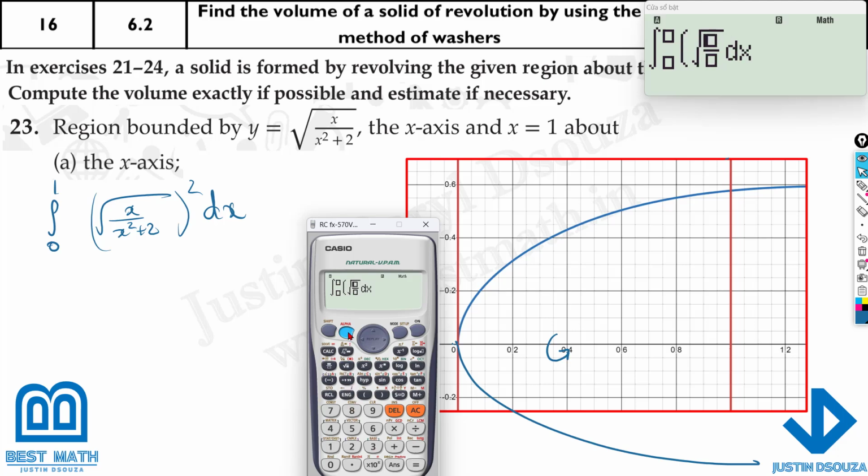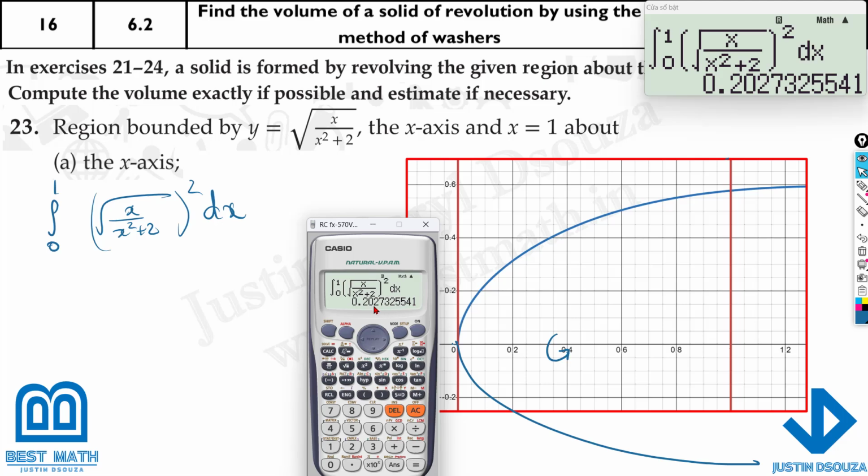It's square root fraction x divided by x squared plus 2. Close the bracket. See, after this, if you press right, it's still inside the square root. Again, you need to press right and then close the bracket and square it up. The limits are 0 to 1. Here we go.